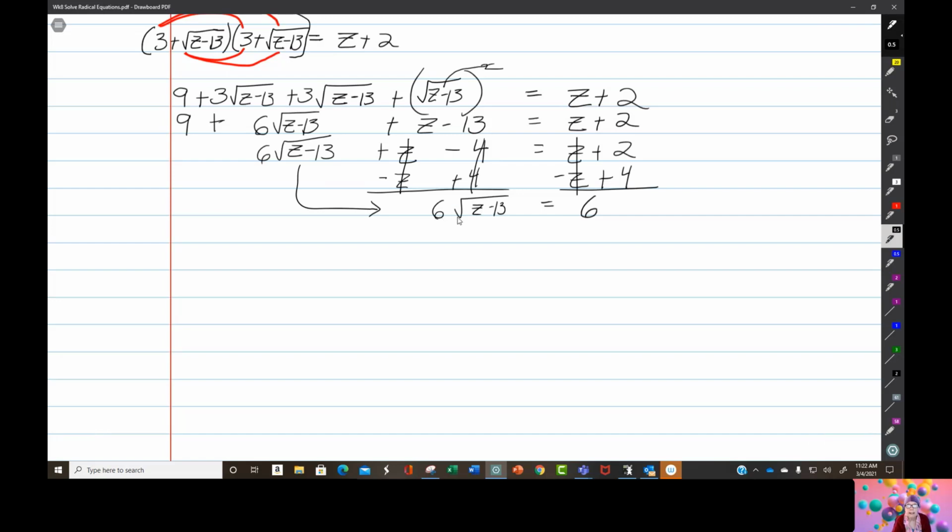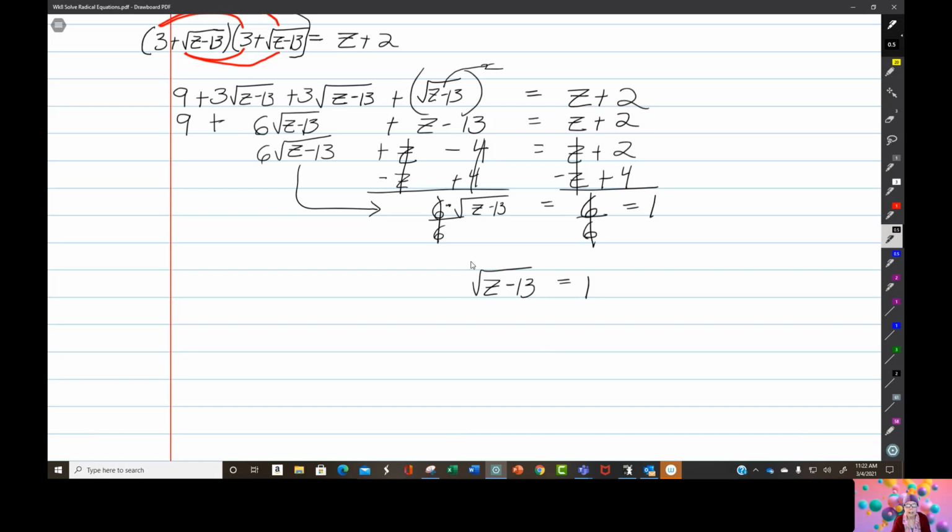And because 6 is multiplied by the square root, I can divide it out when I know it'll go evenly into the number over there. Otherwise, I'm kind of making life more complicated for myself. So we will have the square root of z minus 13 equals 1.